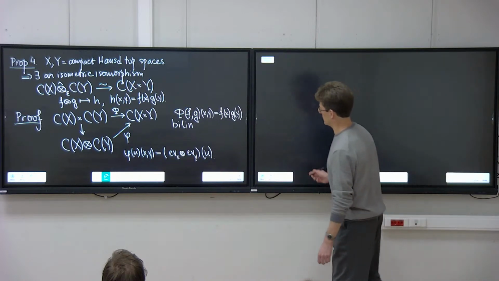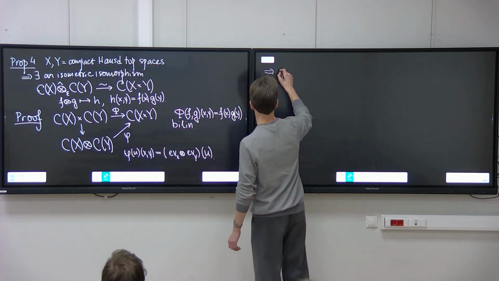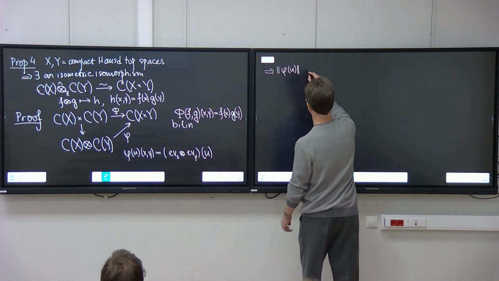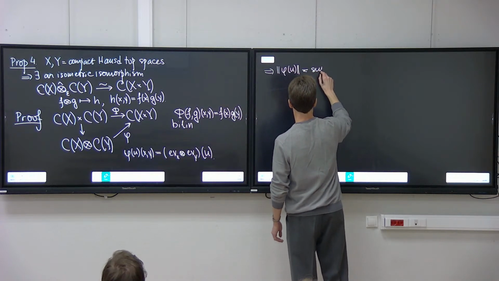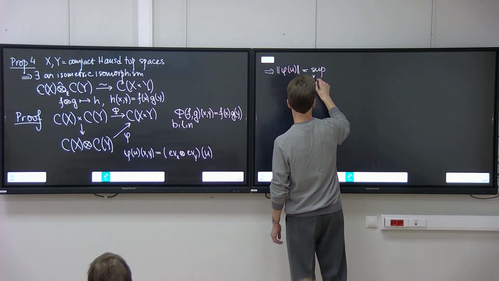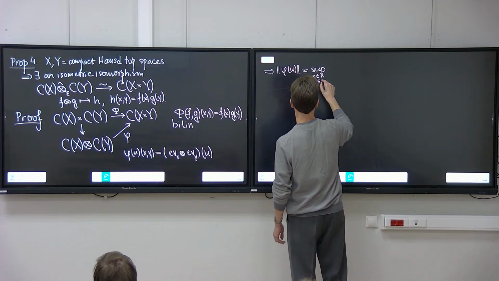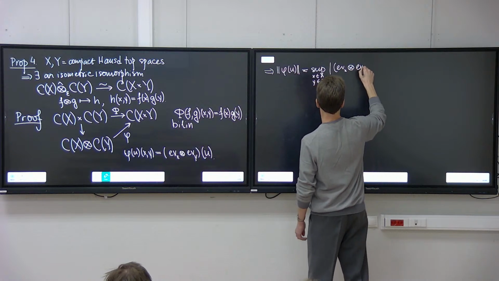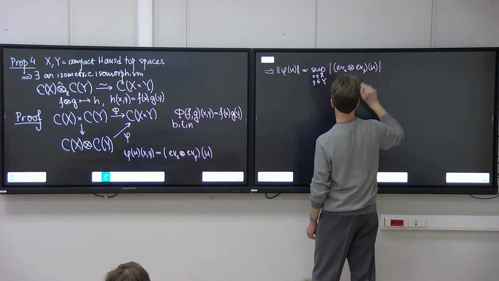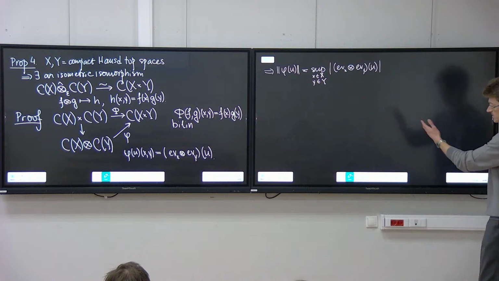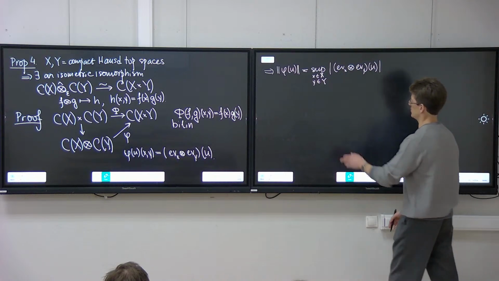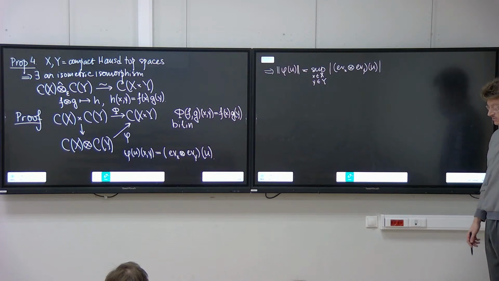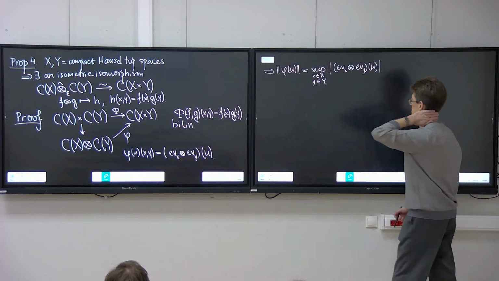So now we calculate the norm of phi of u. The supremum norm of phi of u is just the supremum of this expression over all x and y. And now we just apply our lemma. So these evaluation functionals run over norming sets for the C(X) and C(Y) spaces.